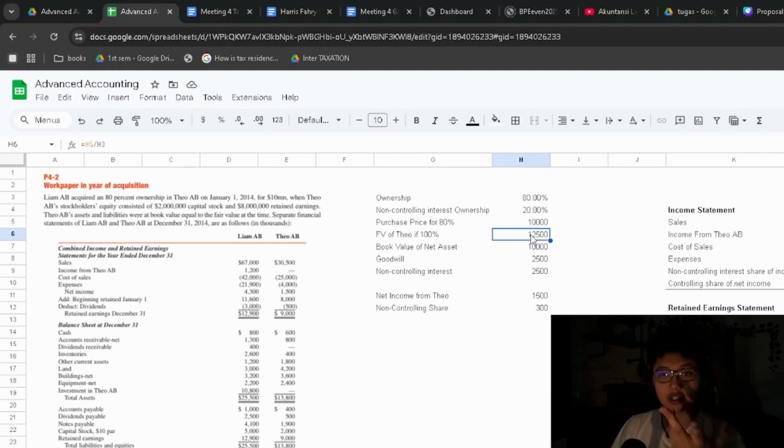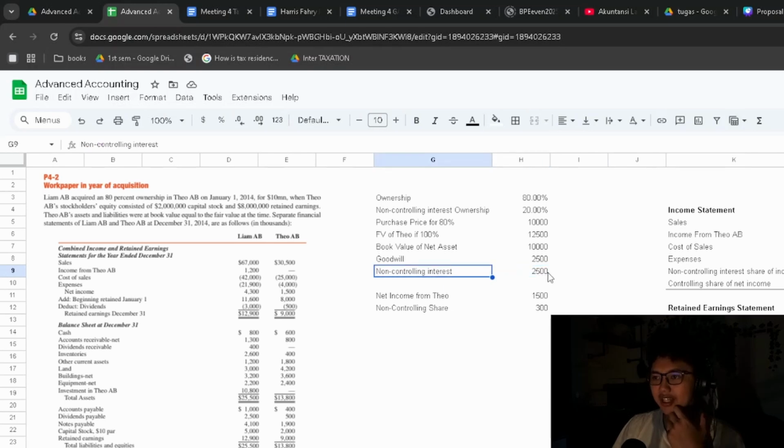So that's the 100%, and we compared it with the book value of net assets, since they mentioned that it's book value equal to the fair value. Then you subtract to obtain the goodwill.